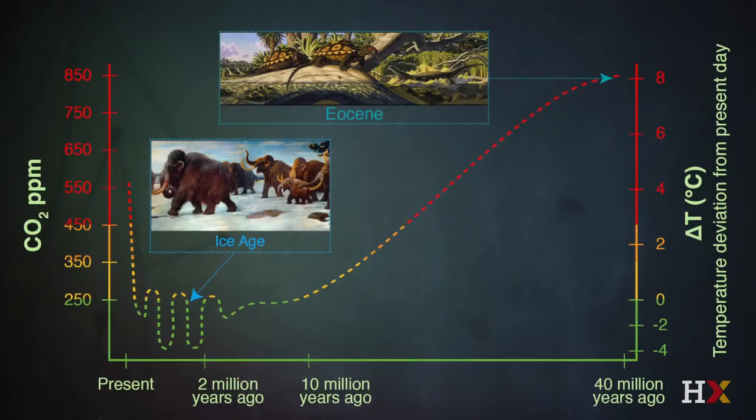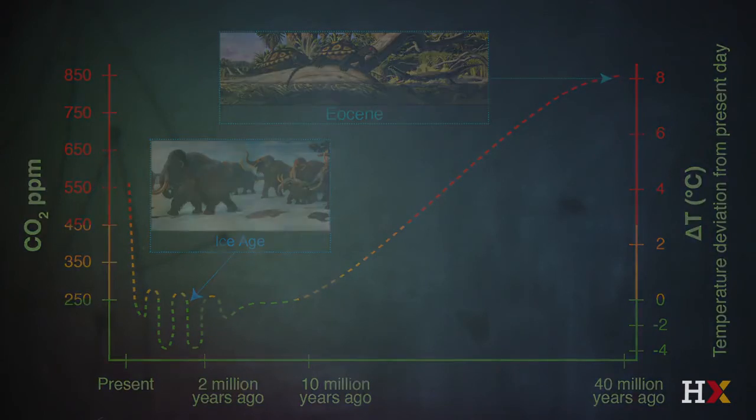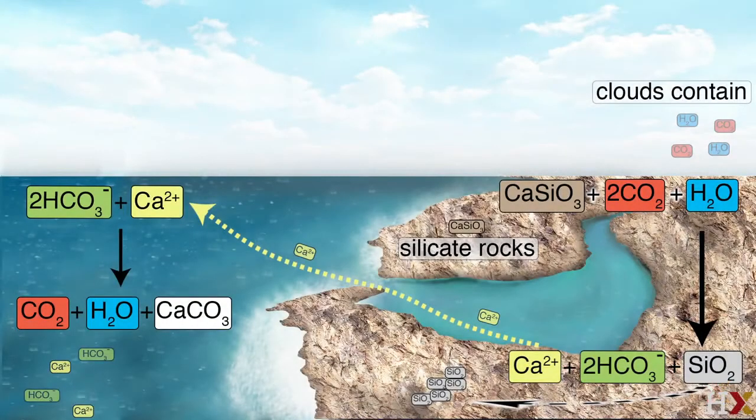Moving from the Eocene 40 million years ago to the present, the chemistry that's at work involves the carbon dioxide that's intrinsic to the atmosphere that's absorbed by rainwater. And one of the great things about acid-base chemistry is that we can calculate exactly what the acid content of that rain is, the pH, the concentration of H+ in water.